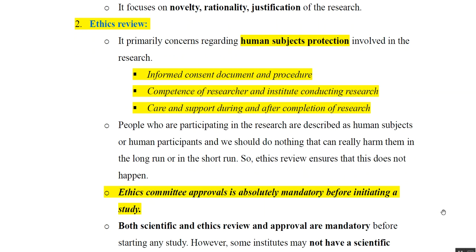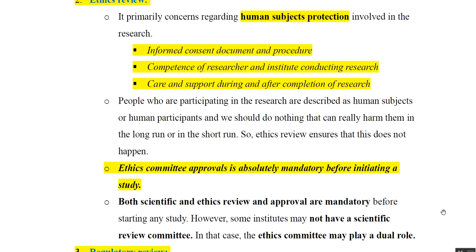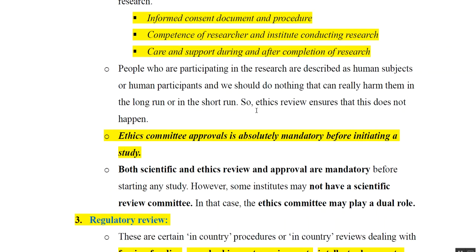This ethics review is usually done by ethics committee, and ethics committee approval is absolutely mandatory before initiating a study. So both scientific and ethics review are mandatory before starting any study. But sometimes in some institutes they do not have a scientific review committee. In that case, ethics committee may play a dual role of scientific review as well as ethics review. The third review is regulatory review.